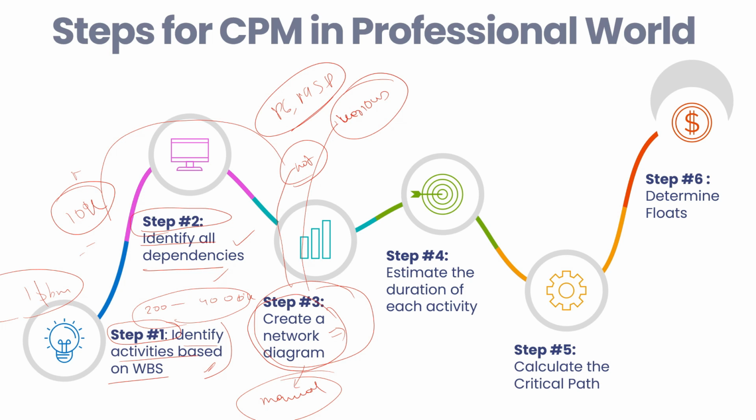In fact, the program will do it for you by utilizing the CPM and PERT techniques, which are built in and coded into the program, and work at the back end of the software to create this network diagram.